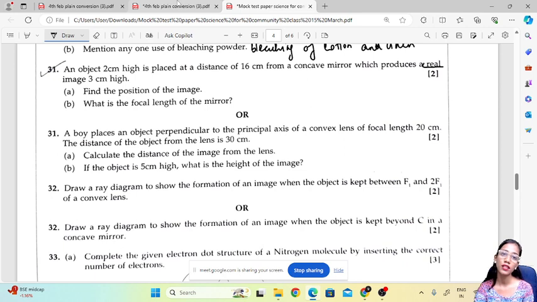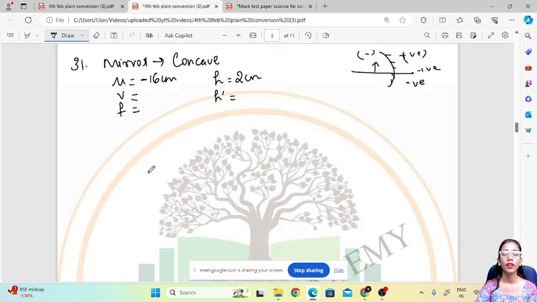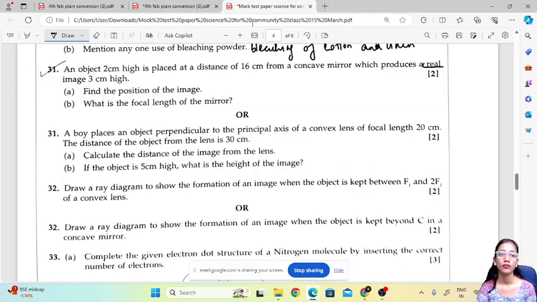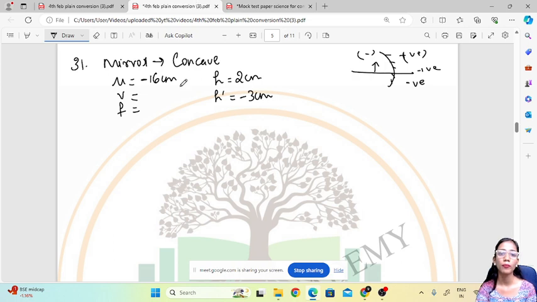Inverted image means it is below the principal axis, and below the principal axis means it will have a negative sign convention, and it is 3 cm high. So h dash is minus 3 cm. What do you have to find? What is the position of the image? You have to find the position of the image. Okay, now let us see how we can find it.